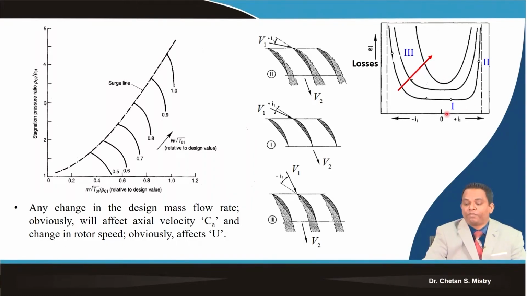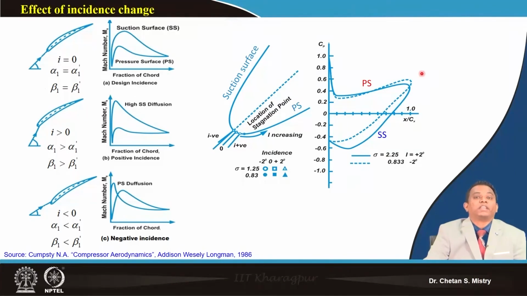So if you look at this, it is my safe operating range, but when I am moving towards the other conditions, the operating range is decreasing. Okay, so this is very important for us to understand the meaning of change of incidence angle. Now let's try to understand that with the change of Mach number on the surface.